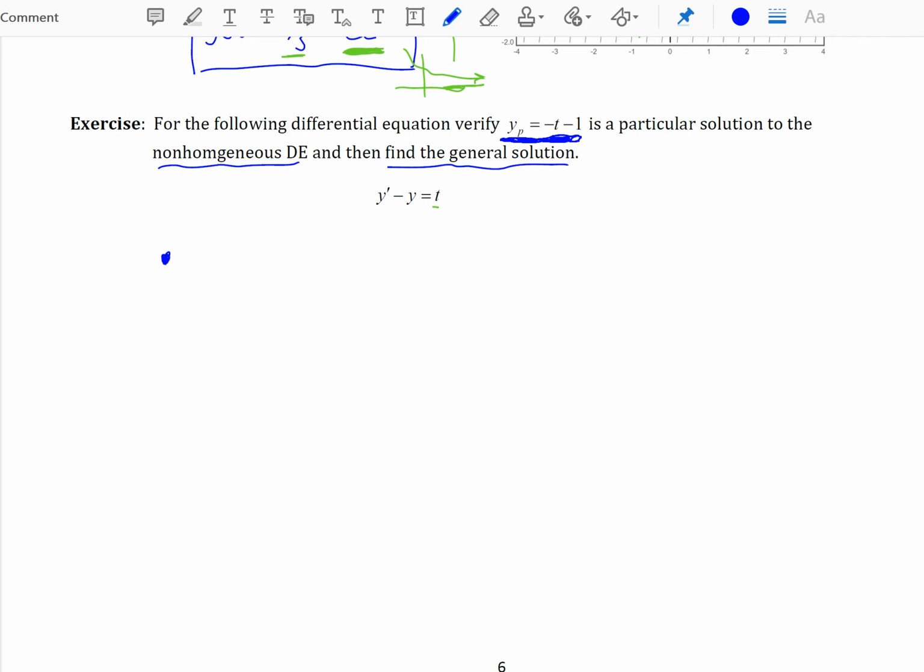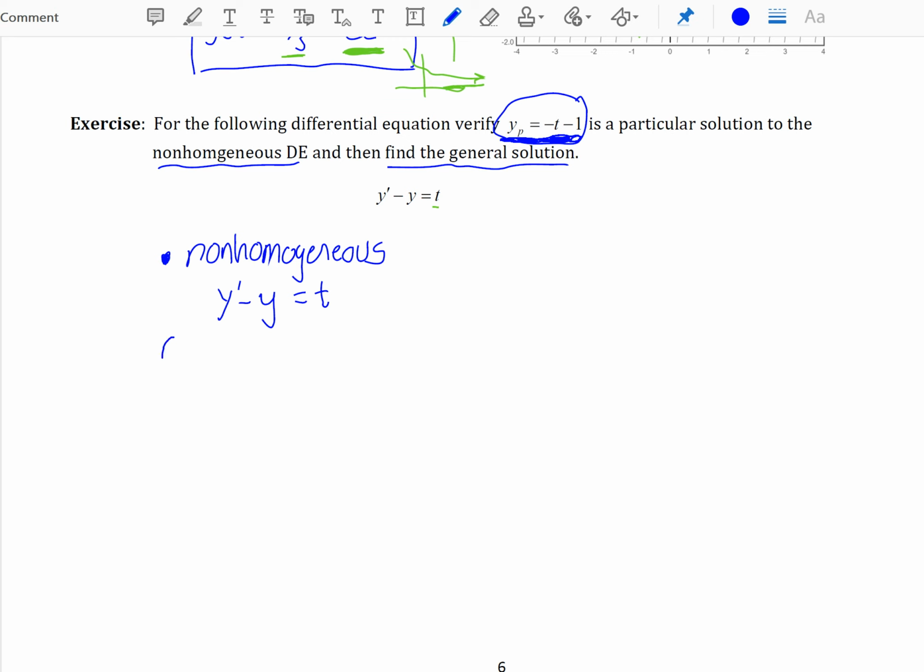So for this verify part, we want to verify this non-homogeneous solution. So there we have our differential equation, y prime minus y equals t. And we want to show that yp equal to negative t minus 1 is a particular solution.